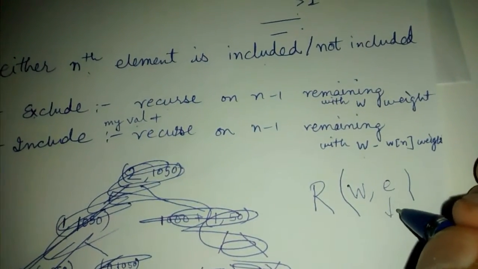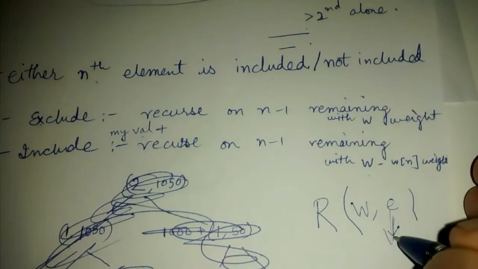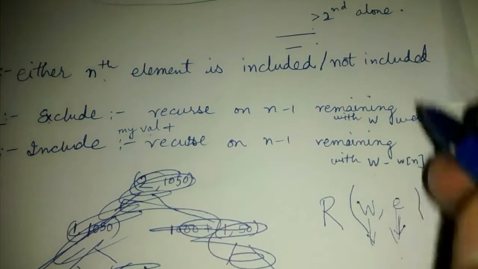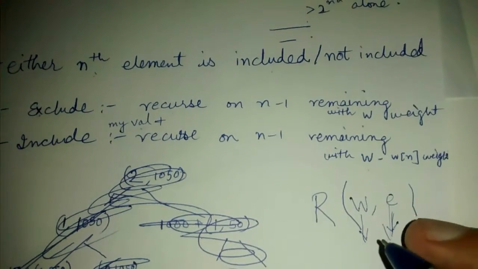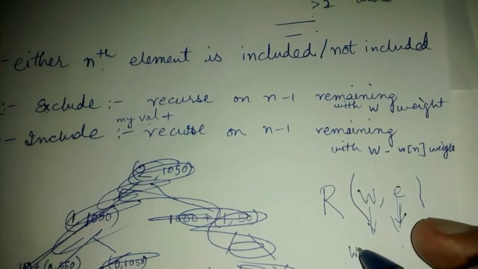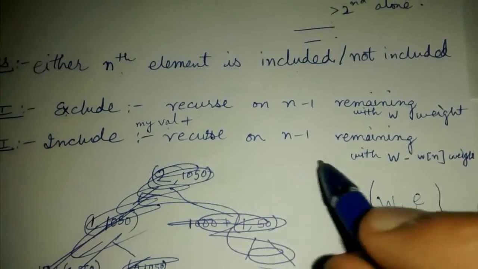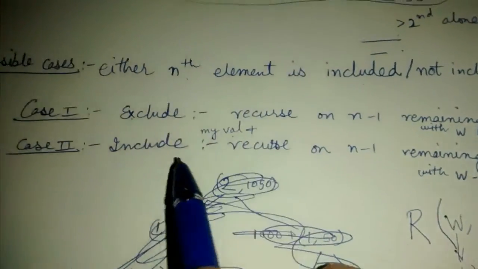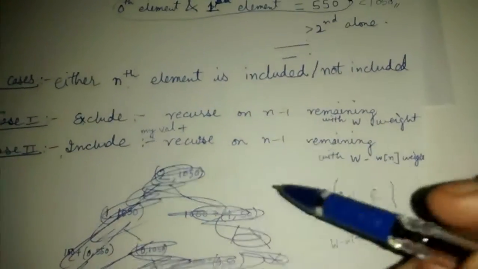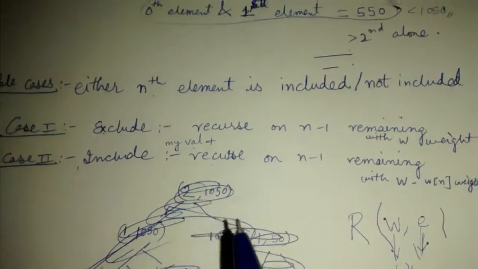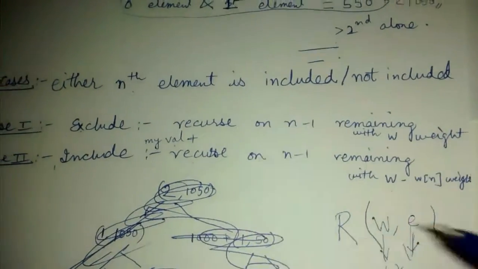You take all the remaining n-1 elements. I have already added myself, so you can have W minus Wn weight at max, and your aim is the same as previously, so we can recurse. So this is the algorithm.